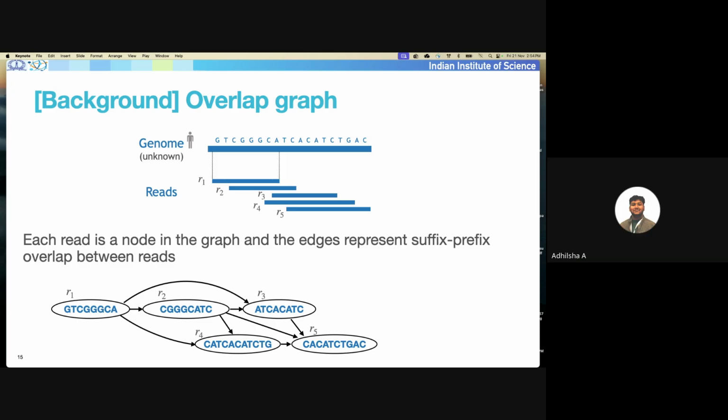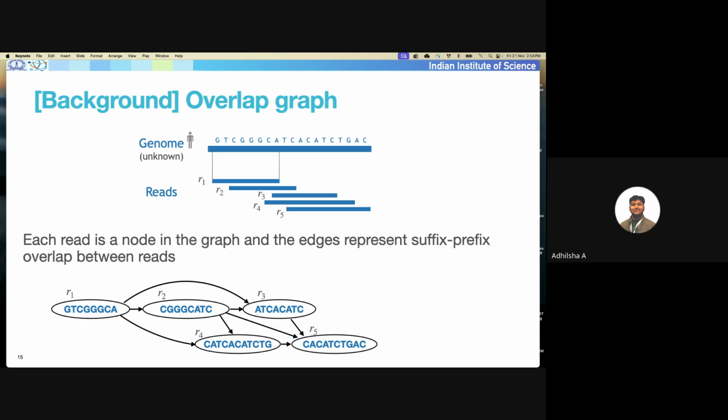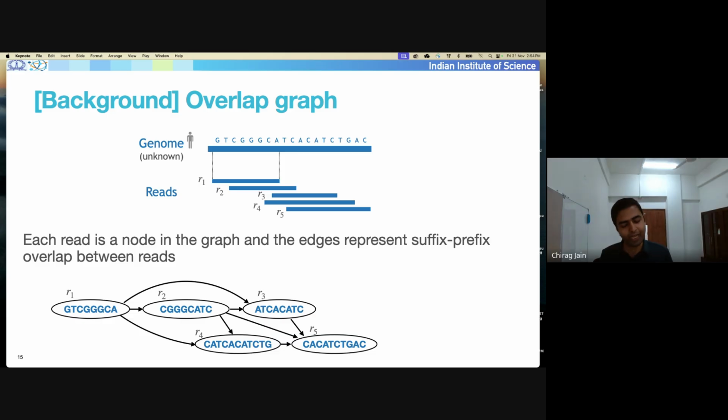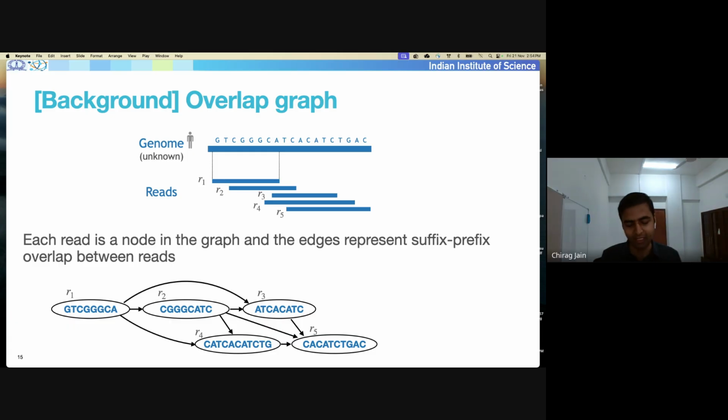There are ways to see what constitutes a complete genome. I wanted to know more about that. Let me come to that towards the end, where I will describe how one can measure that and how people usually do that. Thank you.